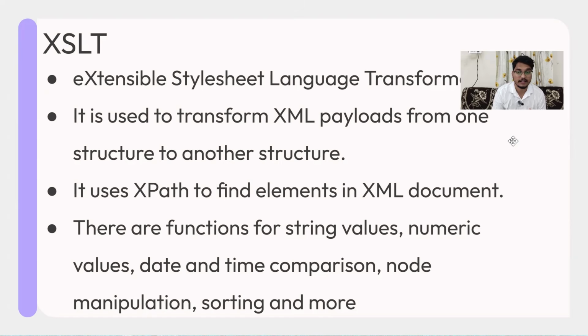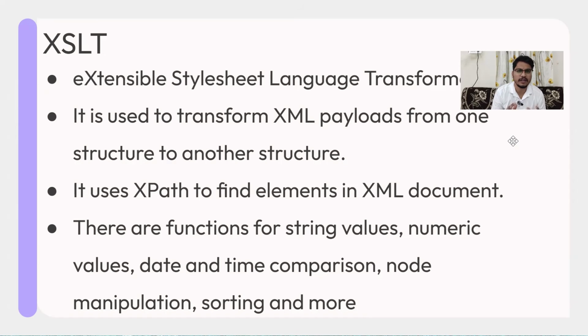Now let's discuss XSLT, Extensible Style Sheet Language Transformations. It is used to transform XML payloads from one structure to another structure. It is one of the mapping components available in CPI, and it heavily relies on XPath. So understanding how XPaths work is very important, not only in CPI but also while writing XSLT logic.